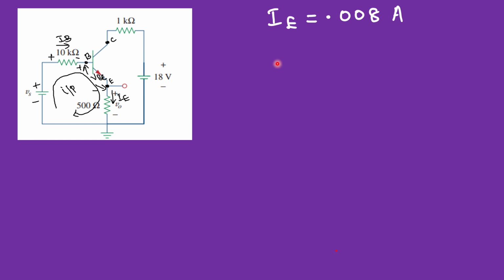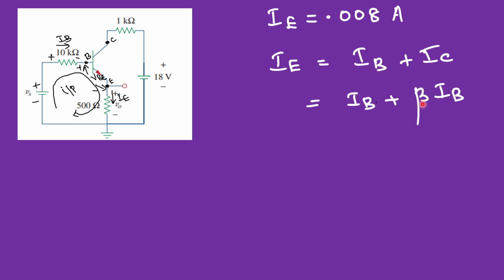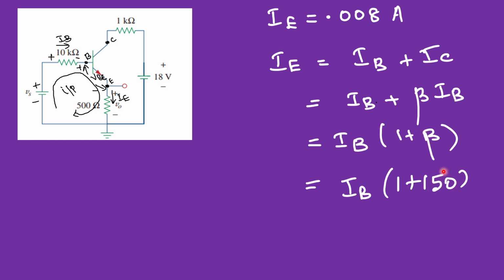Now we know the current equation, IE is equal to IB plus IC. Okay, emitter current is equal to sum of base current and the collector current. And we also know that this IC can be written as beta times IB. So if you take this IB outside, it is 1 plus beta. Beta is given in the problem as 150. So if you substitute that 150, we'll get this as IB into 1 plus 150, that is 151.